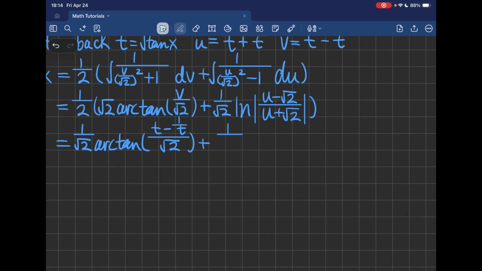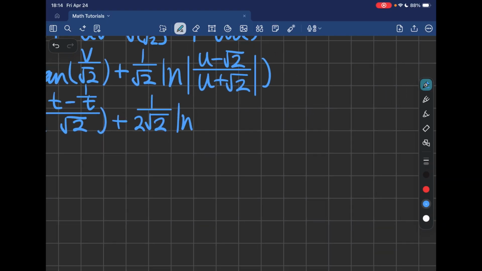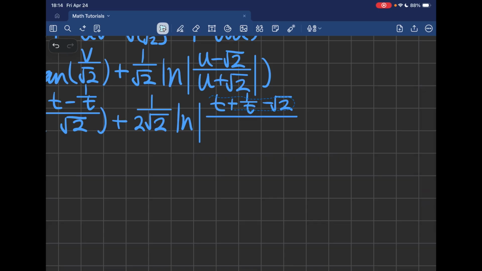And for this one, we have 2 square root of 2 in the denominator. Then ln, for u, let's just put back u, t plus 1 over t minus square root of 2. I'll just copy that.